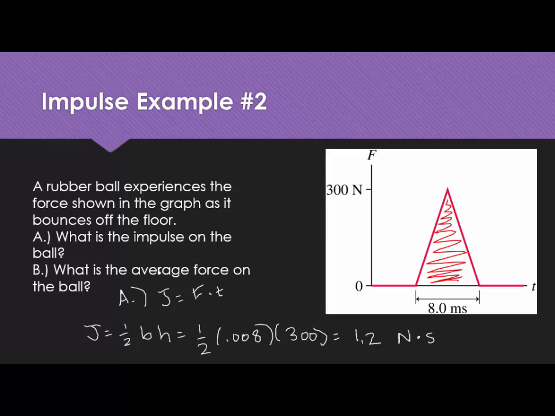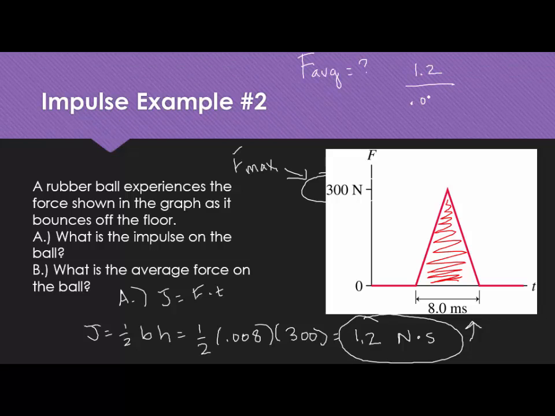Okay, the next question is asking for the average force on the ball. So, average force, if we have this graph, this is not your average force. This 300 represents your maximum force that is applied to this object. It doesn't represent your average. To get your average, you would need to take your impulse and divide it by the time.